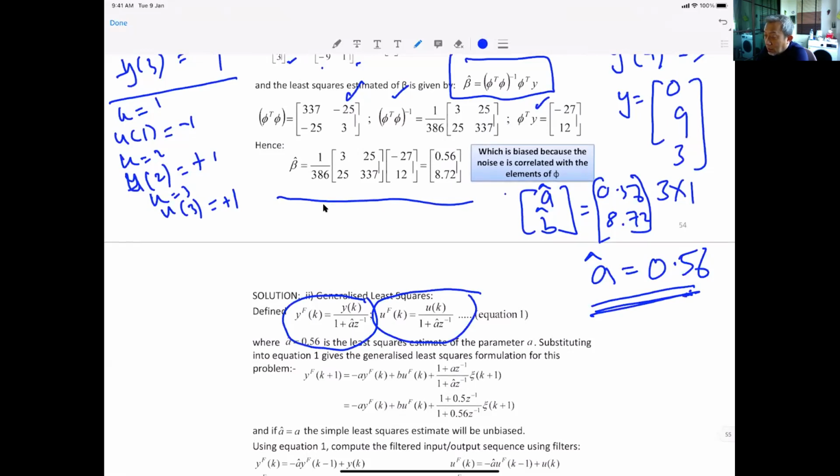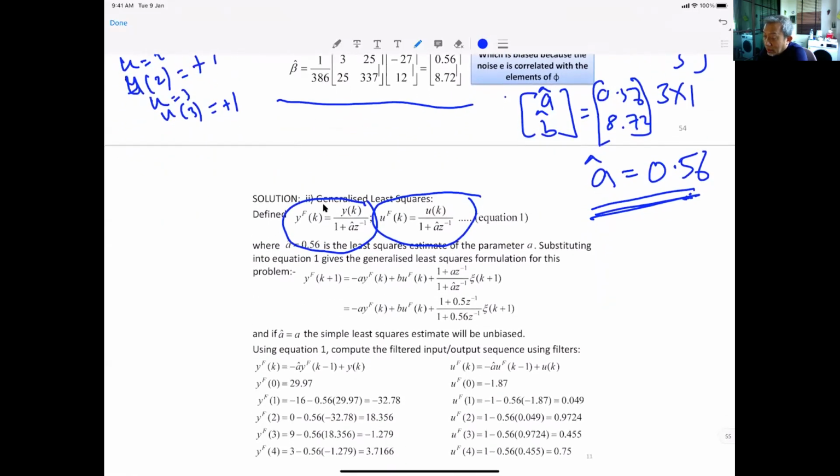Once you get it wrong here, then you bring the wrong A cap into the second part, so it will destroy the whole solution and you get a wrong answer. So you have to be careful in the first part.